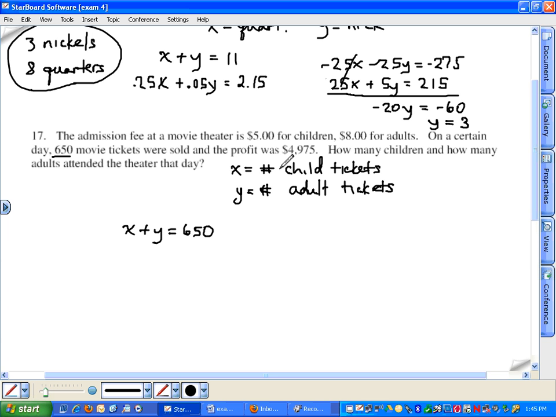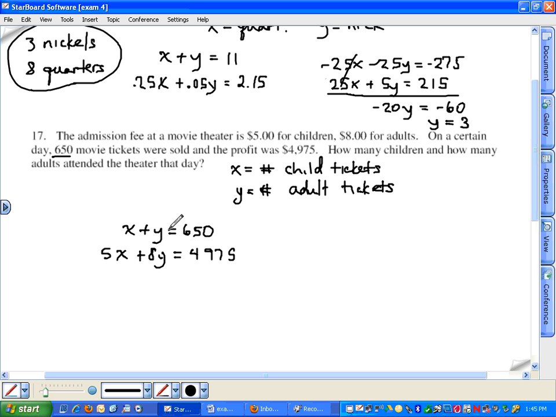Now the total profit, $4,975, that profit is made by charging $5 per child ticket. Well, there were x child tickets sold. If they're charging $5 per child ticket, then the profit for just child tickets is 5x. The profit for adult tickets is $8 times the number of adult tickets sold. If we add those two together, the total profit is going to be $4,975.